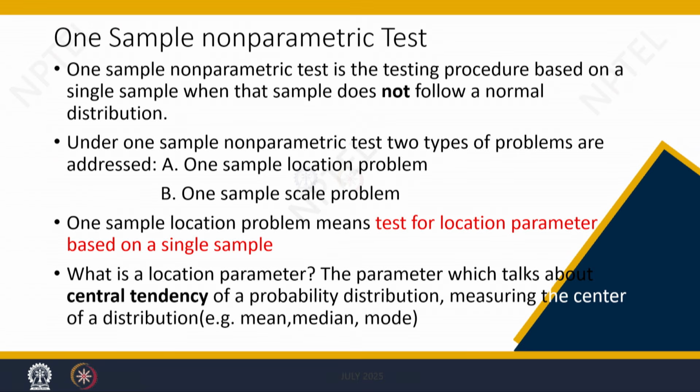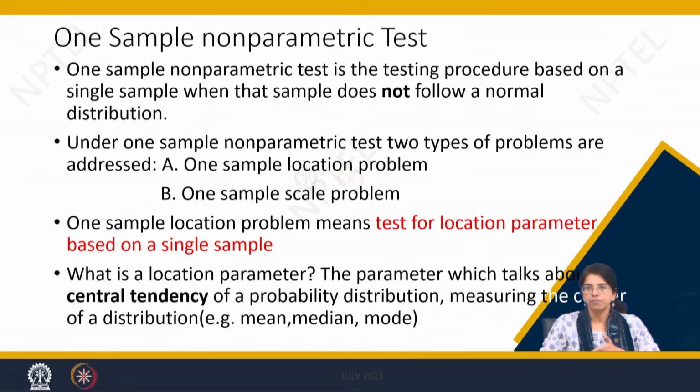One sample non-parametric test is the testing procedure based on a single sample when the sample does not follow a normal distribution. So, it is based on a single sample.